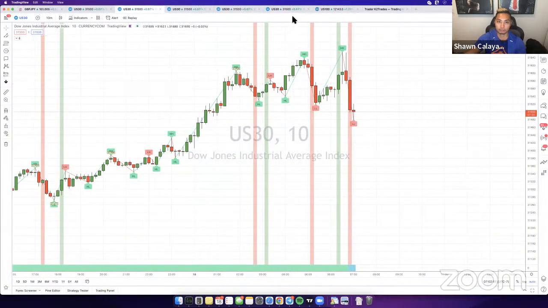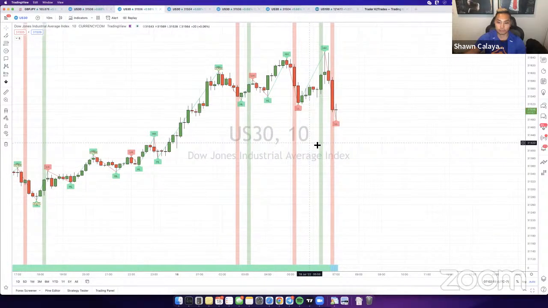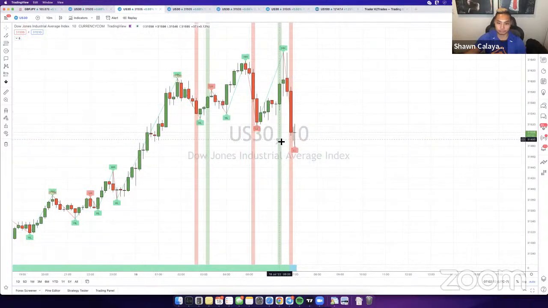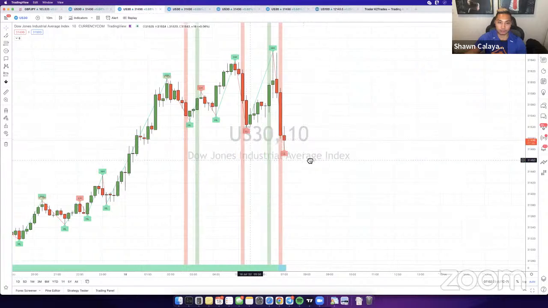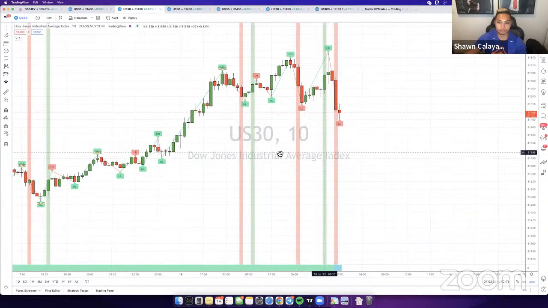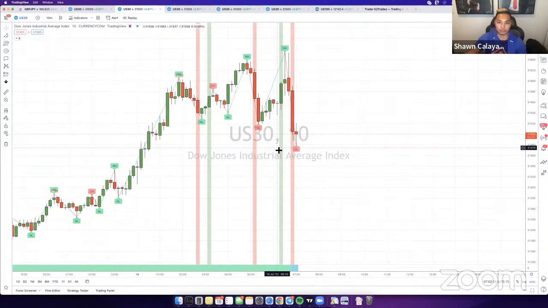Go back to the 10. So no entry off the 10. What I'm looking for here on the 10 is an entry.